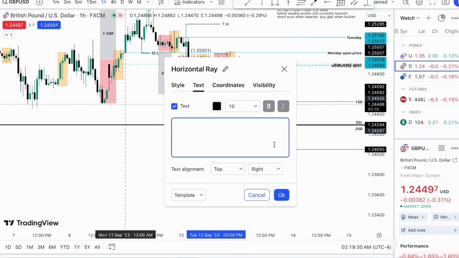But we're really just expecting to trade into the daily sell side liquidity pool and expect a rejection. Well, we expect it to re-engineer liquidity sell side and then trade to the upside from there.